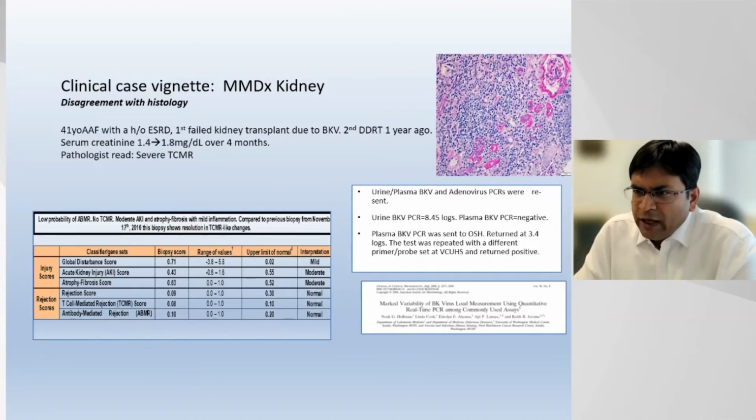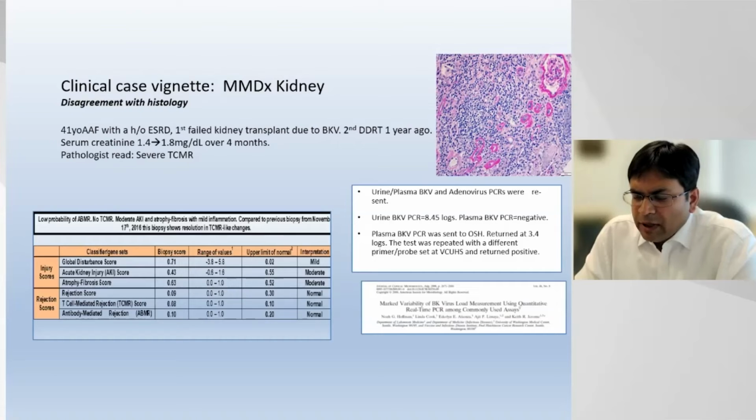So for this lady, her BK virus PCR in the blood was negative at the time of this biopsy. But given the context of this biopsy and MMDx being negative for TCMR, we sent off repeat PCRs in-house as well as to an outside lab. And as it turned out, her urine BK PCR was positive at our own lab, and the plasma BK PCR came back positive at the outside lab.